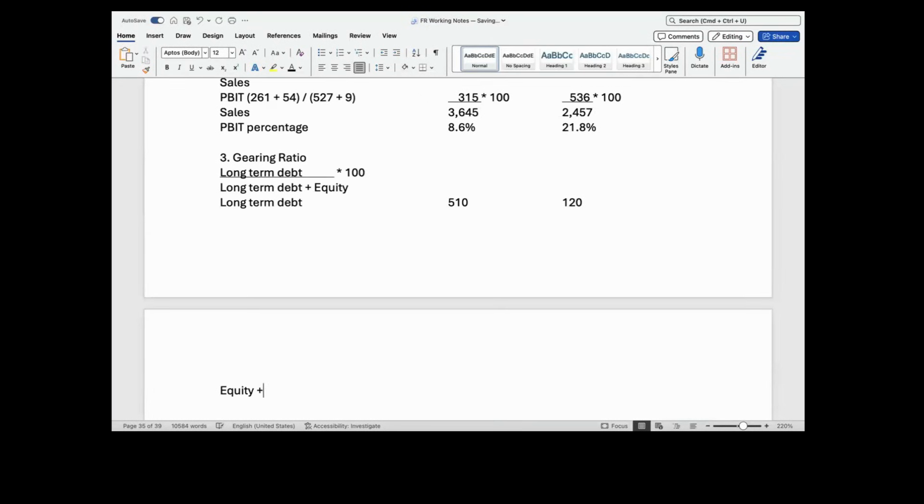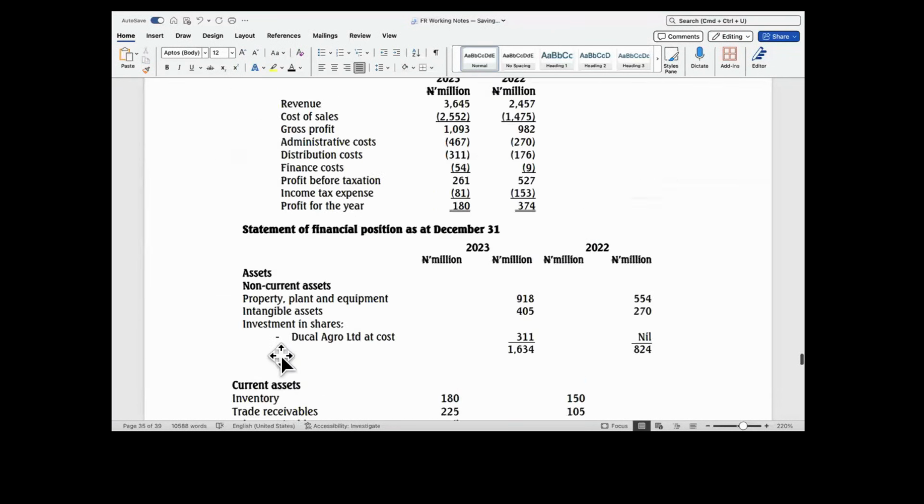Let's do equity plus long-term debt. So let's do 510 plus equity. In 2023, what's our equity?